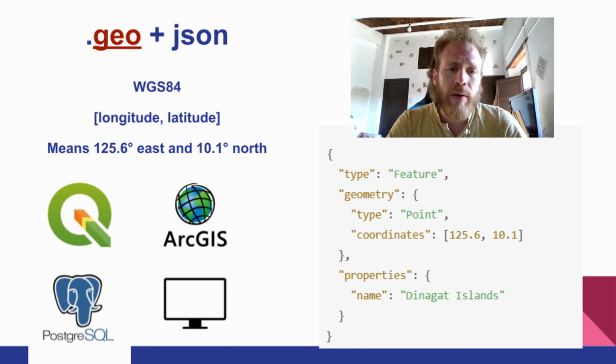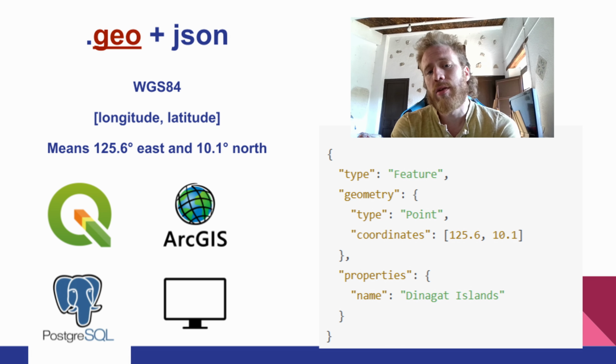For example, 125.6, 10.1 means 125.6 degrees east and 10.1 degrees north.